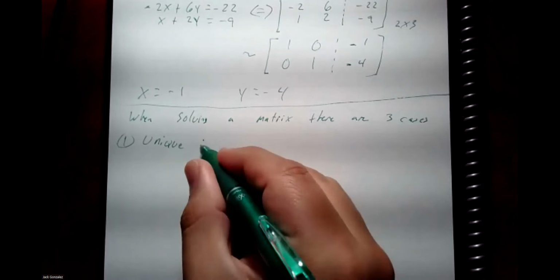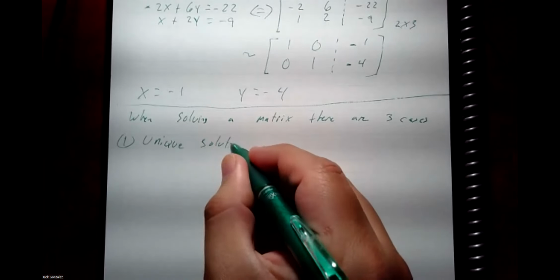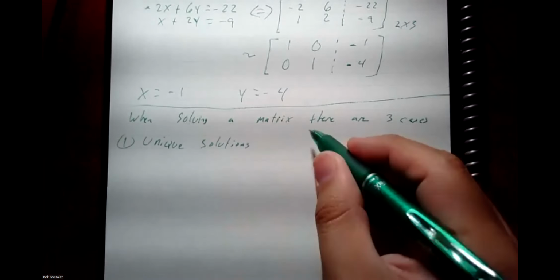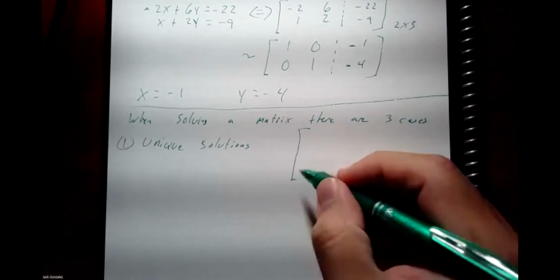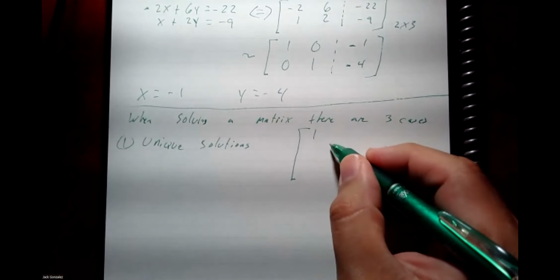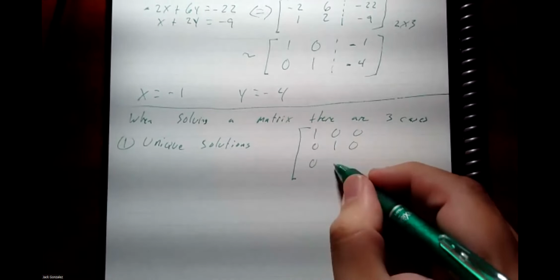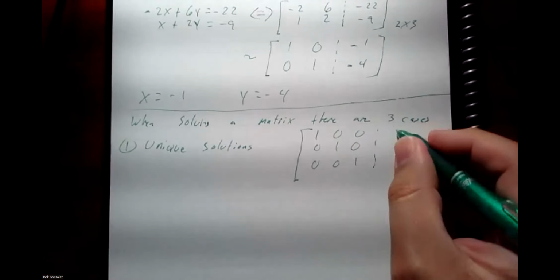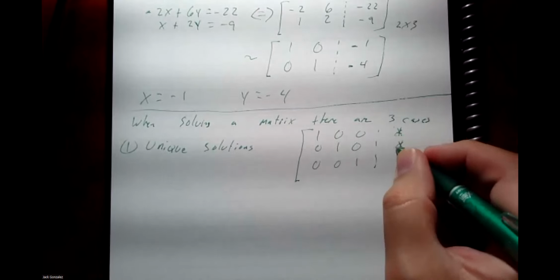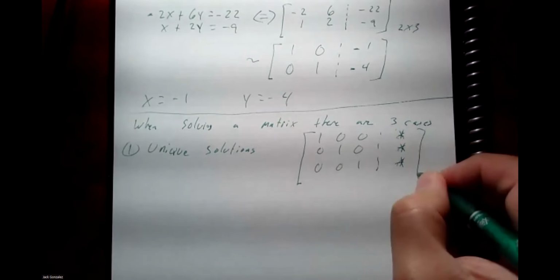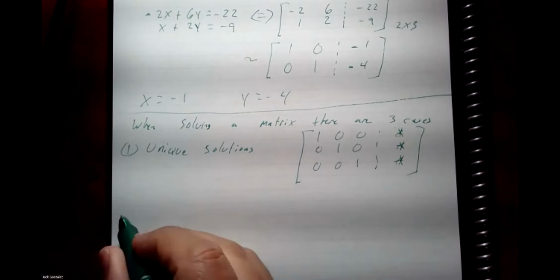So this is going to echo the ideas of the types of systems, right? You're going to have ones down the diagonal, and then some numbers here. If that happens, you have your unique solution.